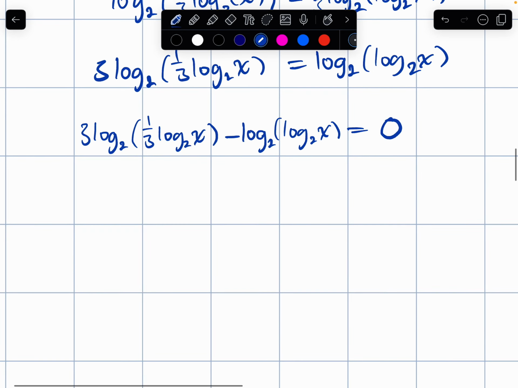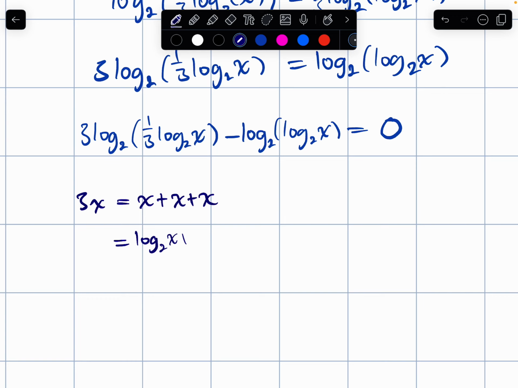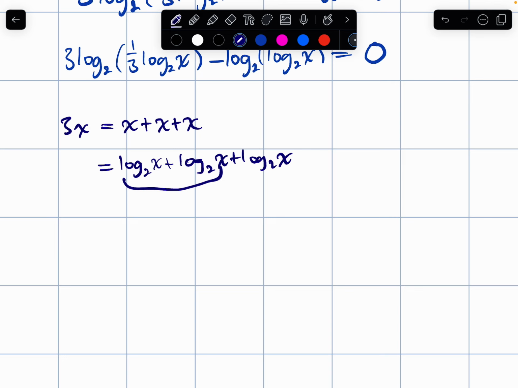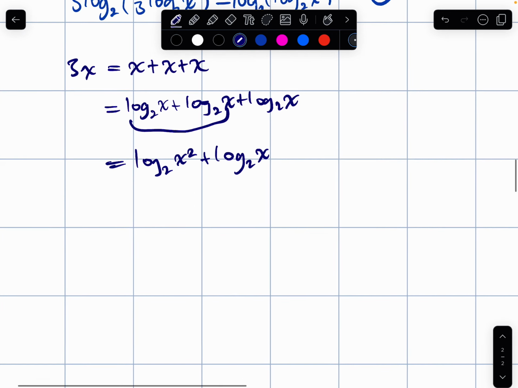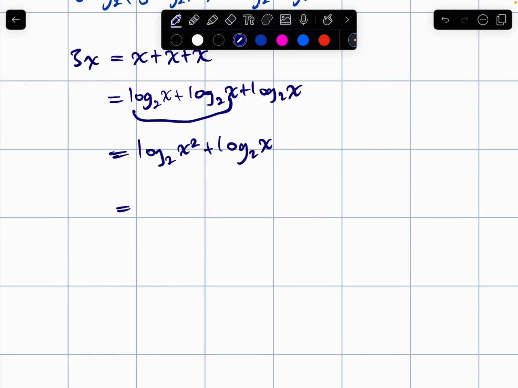now again, you said you know this property, so I'm just going to use it. If you take this number out in front, you can actually chuck it up there. The reason why is 3x equals, right? But with logs, we get this, and we know that if you add two logs, you multiply them, and then again multiply these.